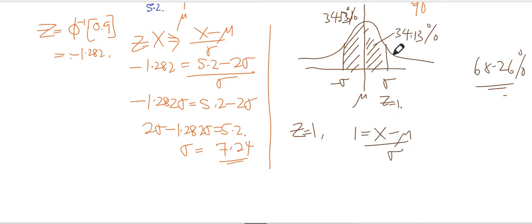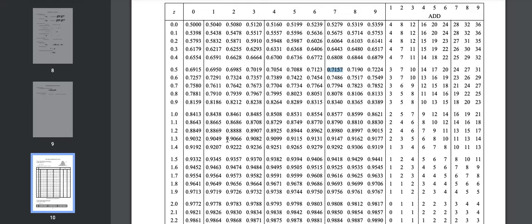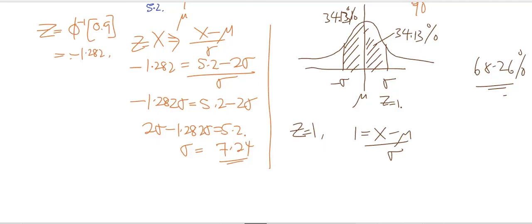The percentage for 1 is 0.8413. MF19 gives the area to the left, so the entire area to the left for z-score equals 1 is 0.8413.